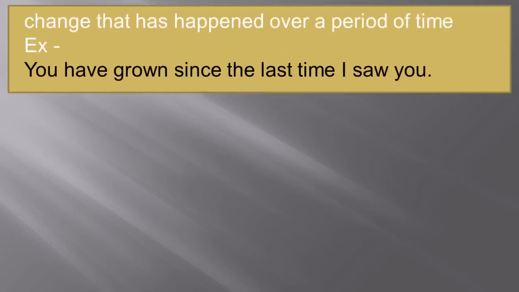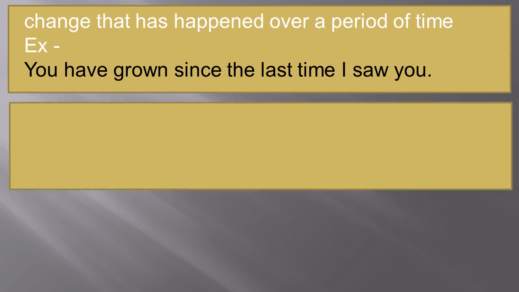Another use, to describe any kind of change that has happened over a period of time. For example, you have grown since the last time I saw you. So, in such cases, when we are describing any kind of change, comparing it with the past time, we use present perfect tense.